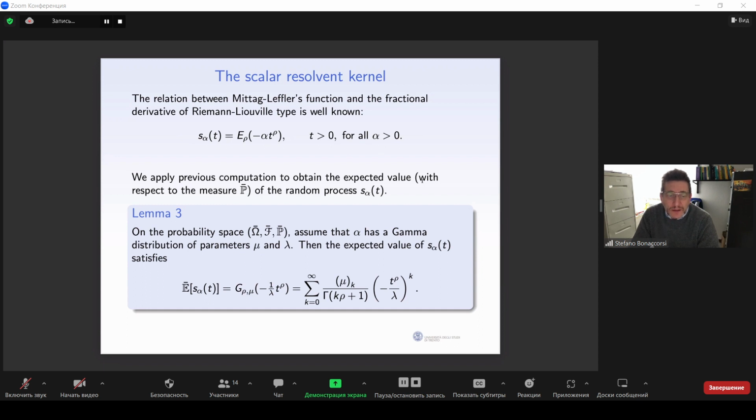That is, the expected value in the space omega bar of the function S alpha of t, which is defined above in the slide, so it's the Mittag-Leffler function computed in the point minus alpha times t to the rho, where alpha is a gamma distribution with parameters mu and lambda, is given by the Fox-Wright function g rho mu, computed in minus 1 over lambda t to the rho.